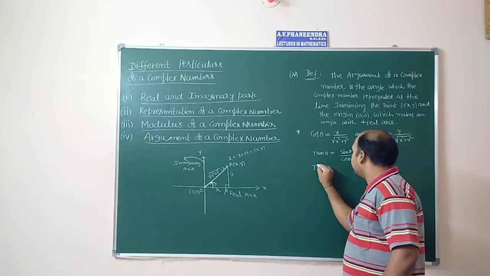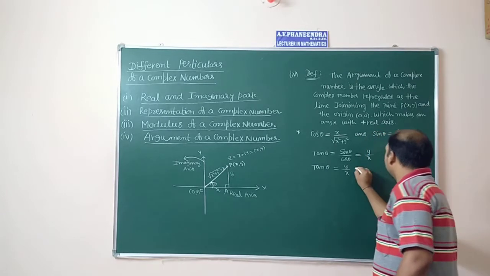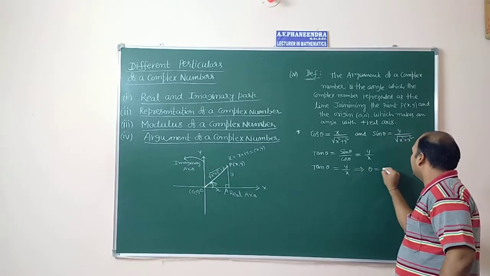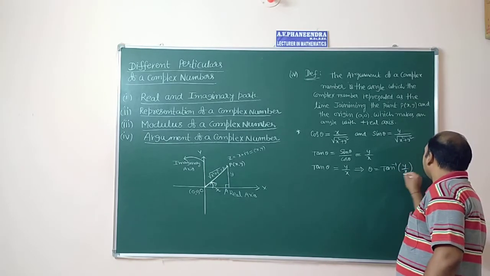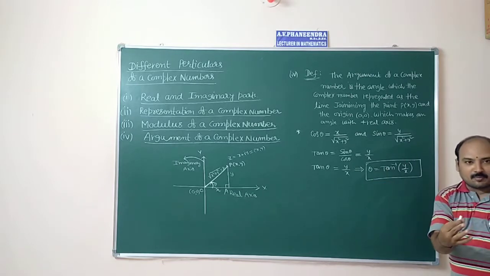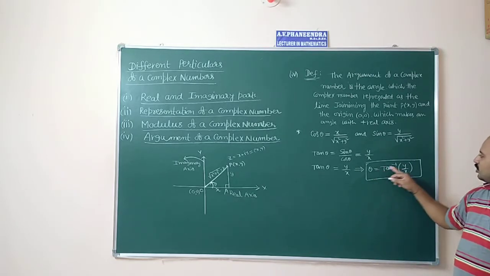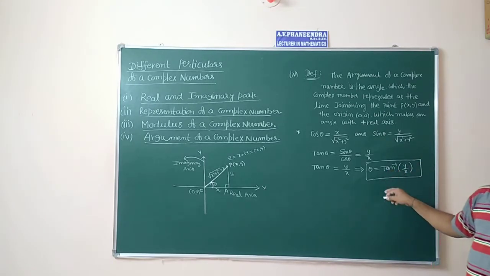That implies tan theta is equal to y by x. Theta is equal to tan inverse of y by x. So now onwards, remember that theta is called the argument of a complex number. This value is called the argument of a complex number.